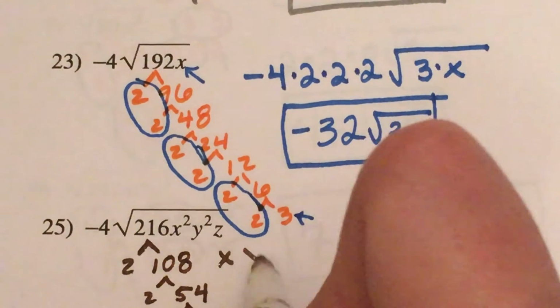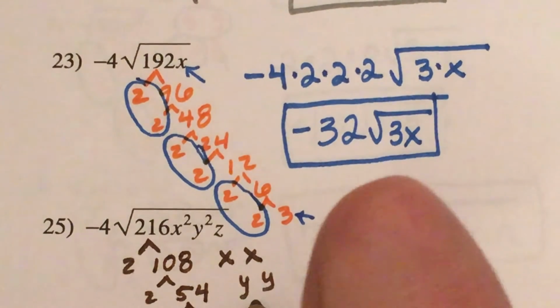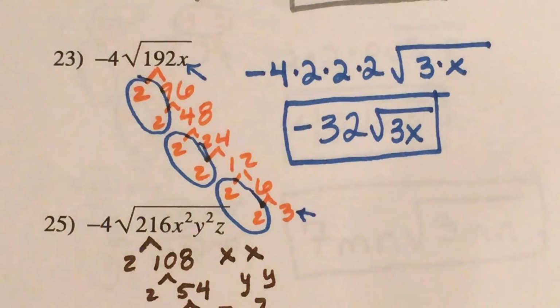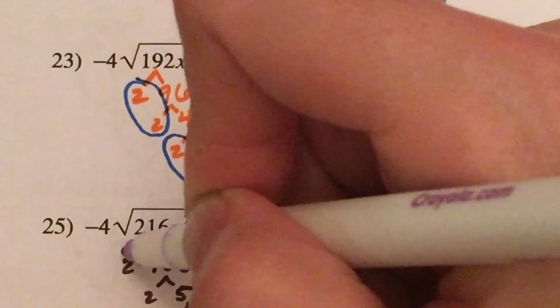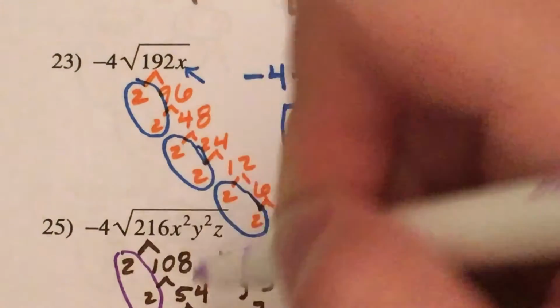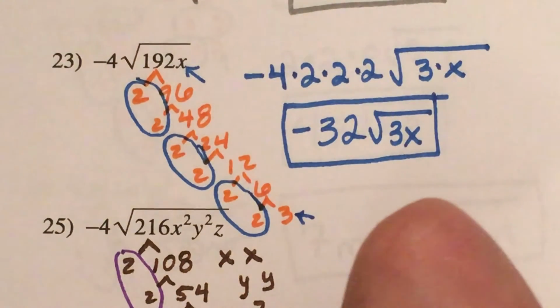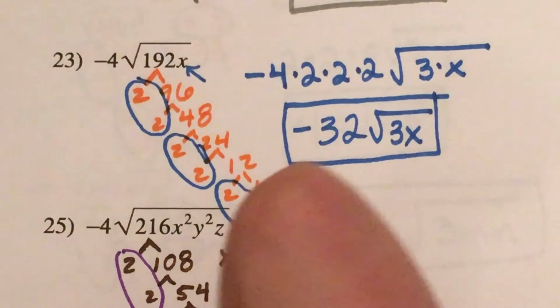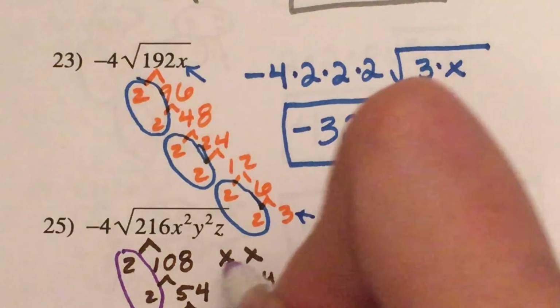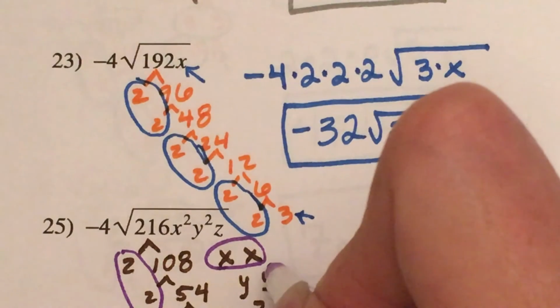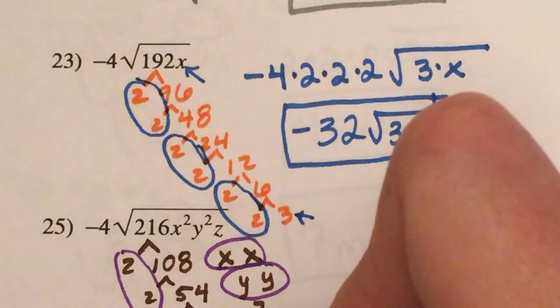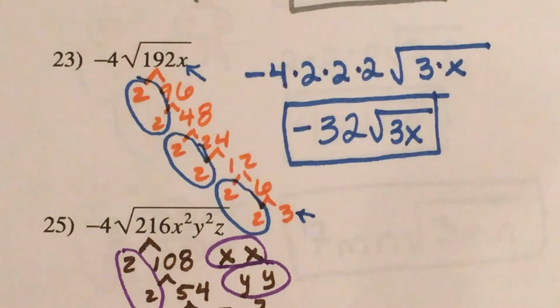I've got a couple of x's, a couple of y's, and a z. Bundle of 2s. Oh, bundle of 3s. Leftover 2, leftover 3. Bundle of x's, bundle of y's, leftover z.